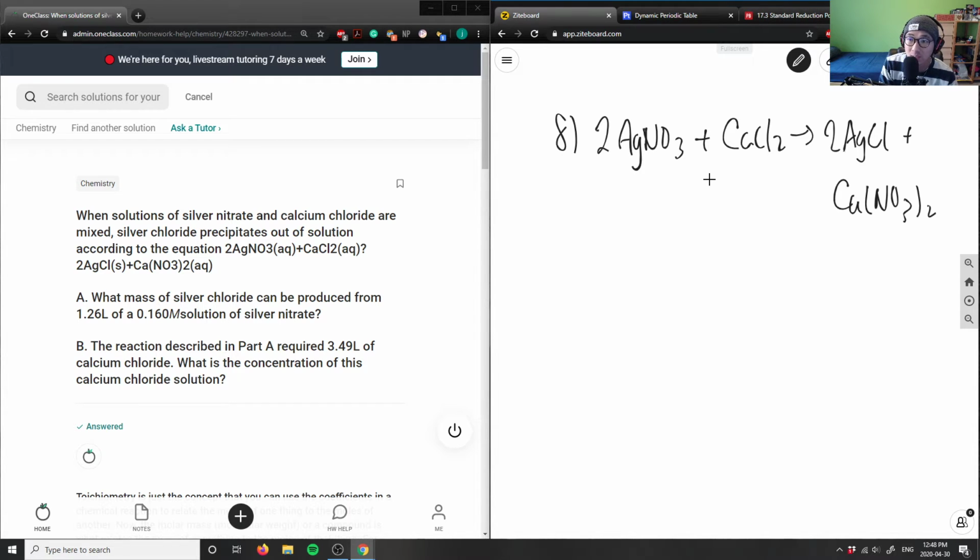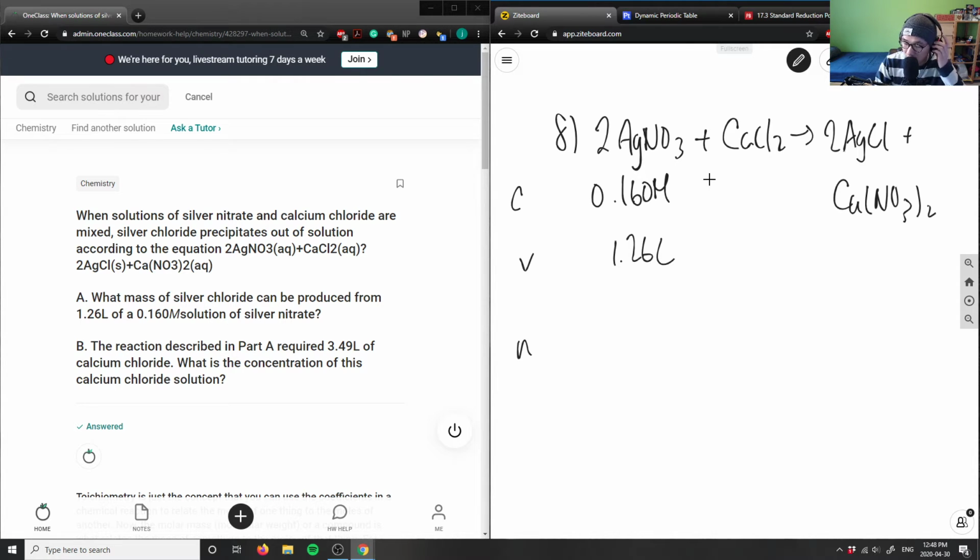So silver nitrate was this guy here. So in this case I have my molarity, or my concentration, which is 0.160 molar. And I have my volume, which is 1.26 liters, which means I can solve for my moles instantly, right?